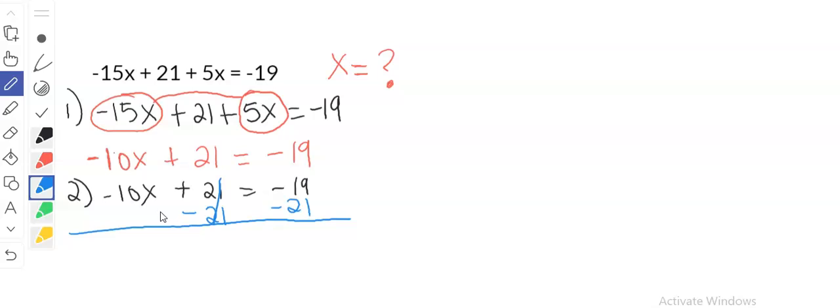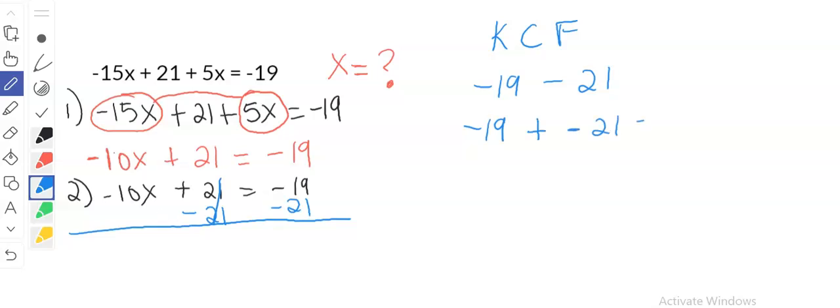So negative 19 minus 21, like we mentioned before, uses the keep change flip rule. You can look in the past videos to see that. Negative 19 minus 21 is the same as: you keep the sign of the first one, change the operation to addition, and flip the sign of the other integer.